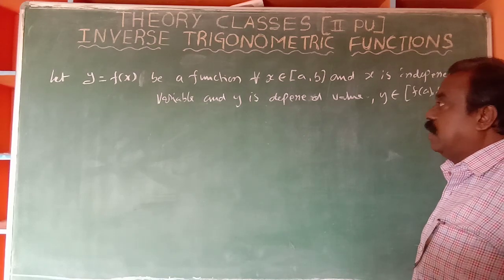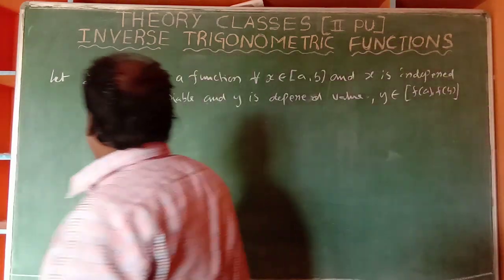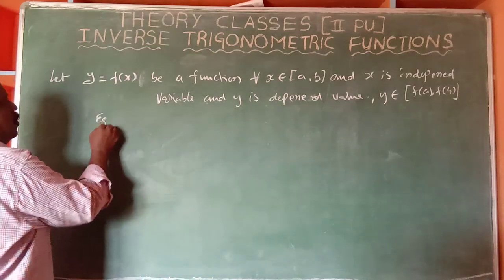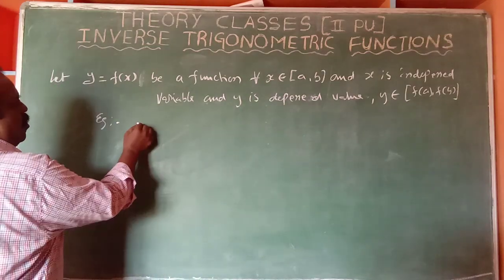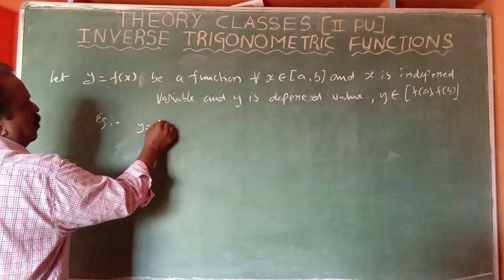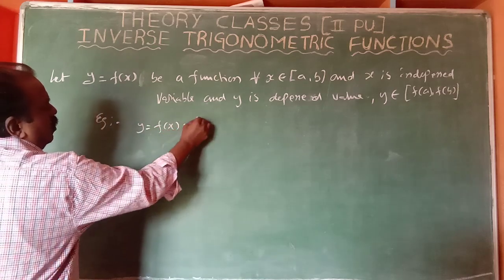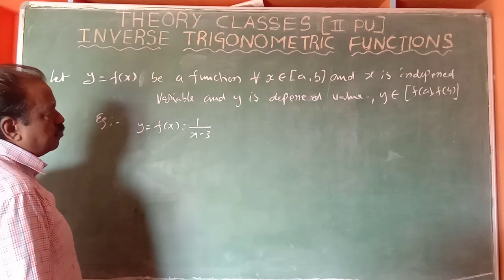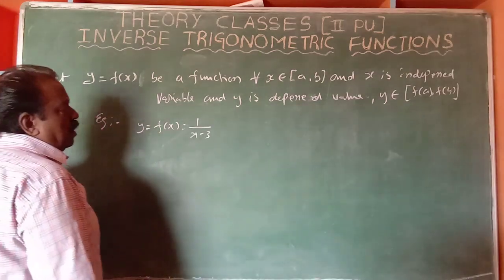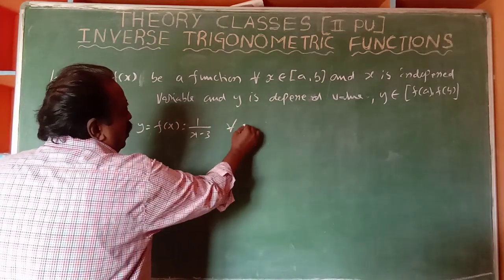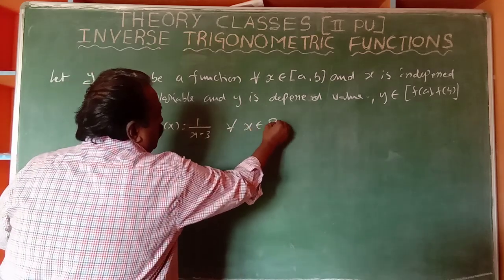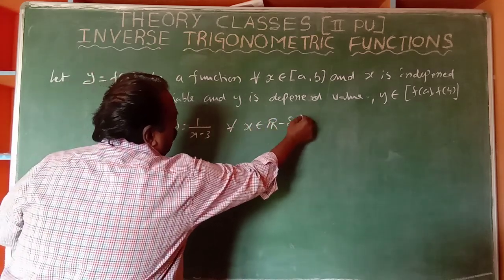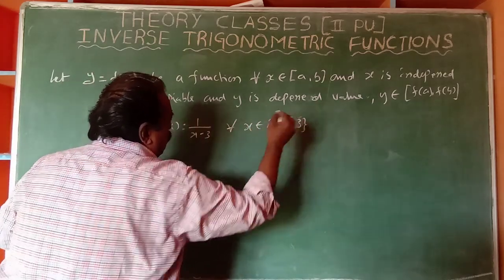Right. For example, you see, y is equal to f of x is equal to 1 by (x minus 3). Here x belongs to R minus {3}. Why?